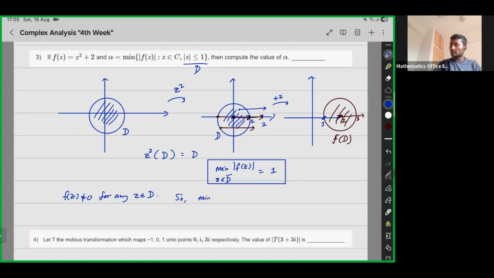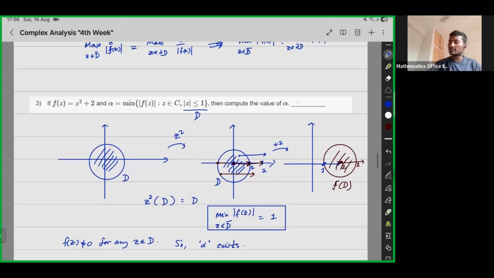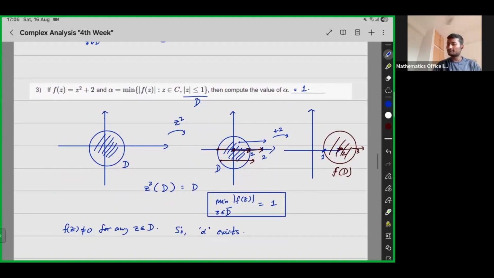So alpha exists. Sorry, from here this much is clear. Alpha exists. What it will be is our main question. We have already seen from the picture that this alpha is equal to 1, but how do we justify that it is 1?